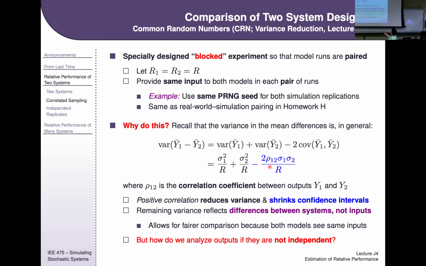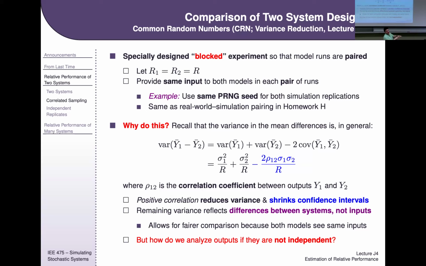So what this correlation coefficient is telling you is that if you can increase correlation between the two systems, you can decrease variation in the estimate of their differences. And that's great because less variance means fewer replications.